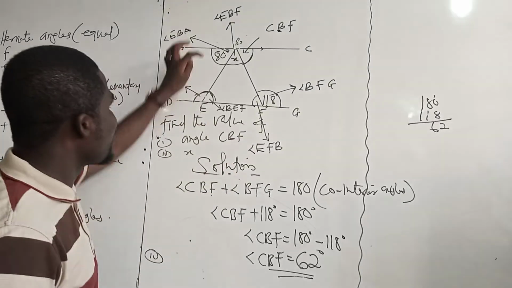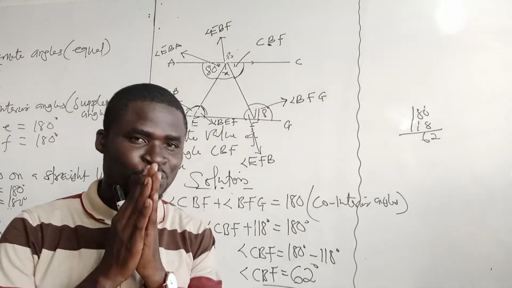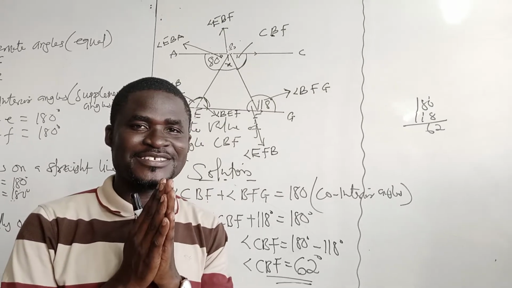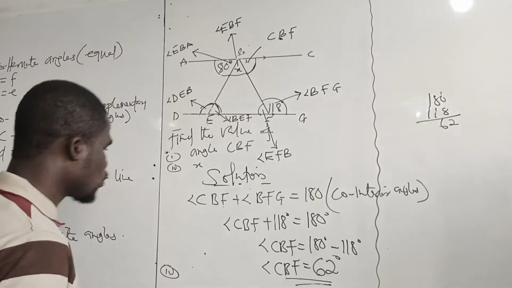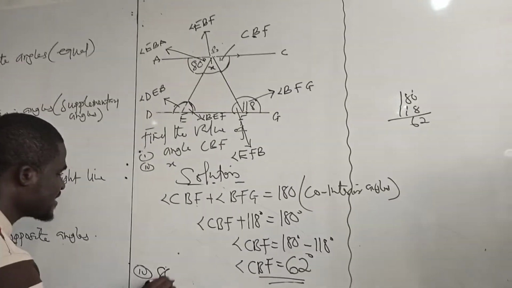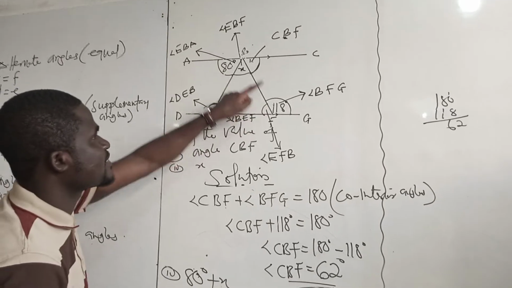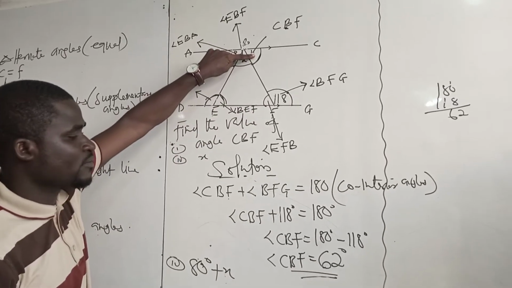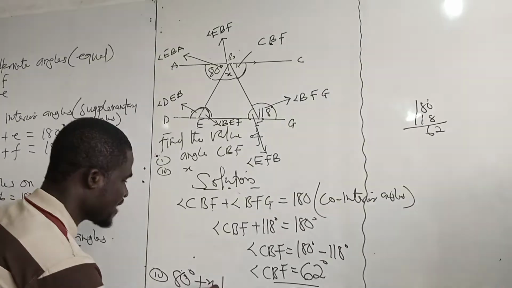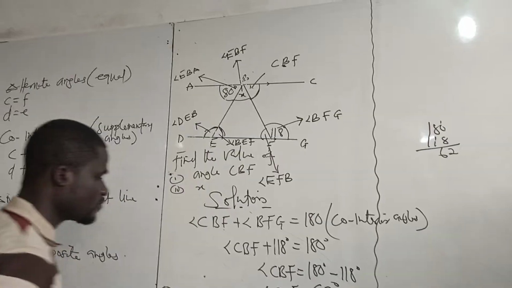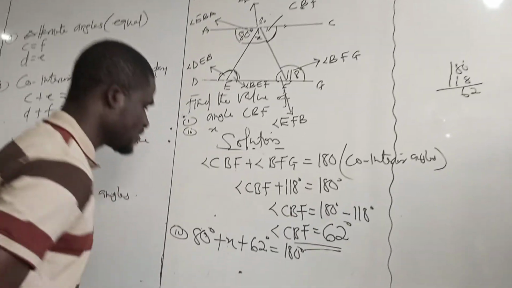180. So 1, 2, 3. They are all angles on a straight line, which will give us 180 degrees. So add this plus this plus this. Good. So we are going to have 80 degrees plus x plus, you know this angle, right? This angle is 62. So plus 62 degrees should give us 180 degrees.